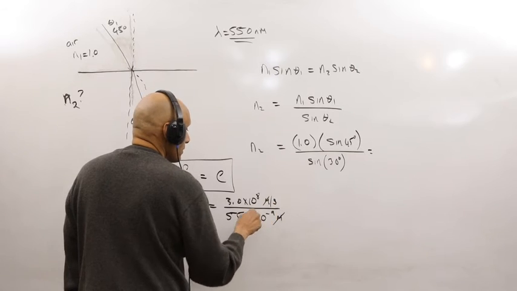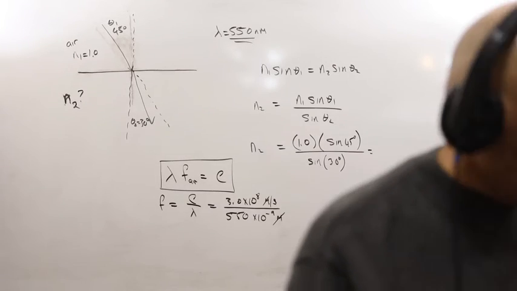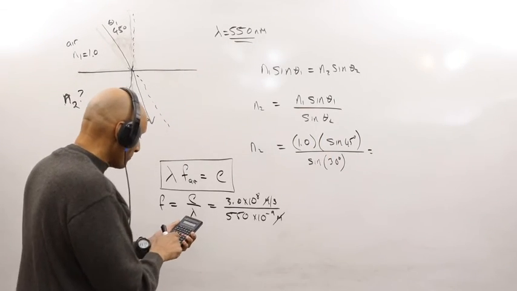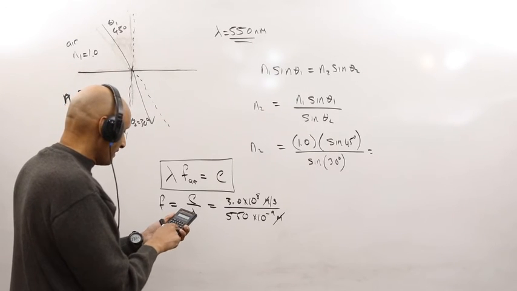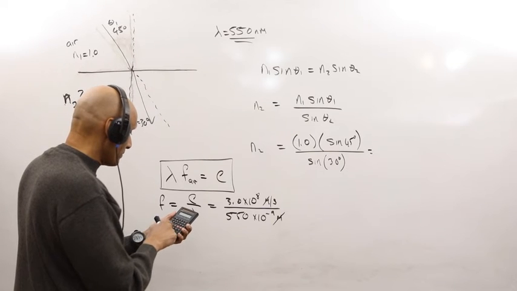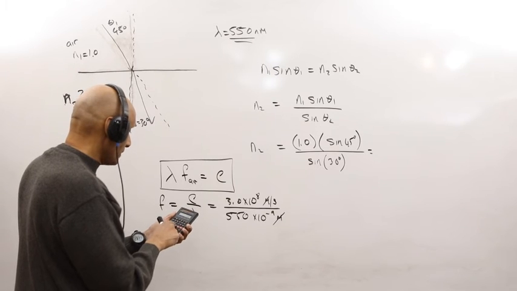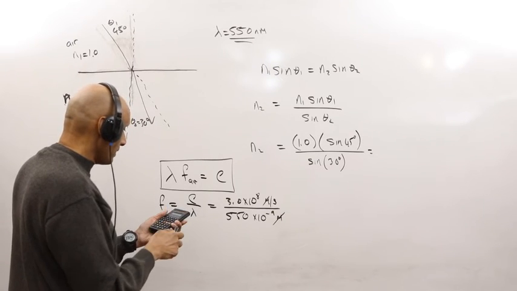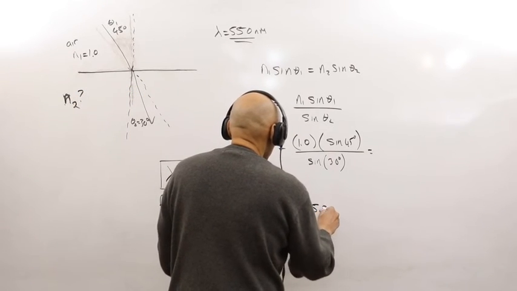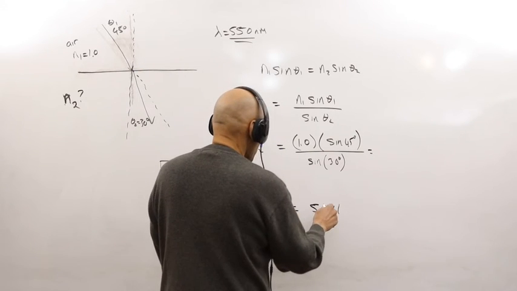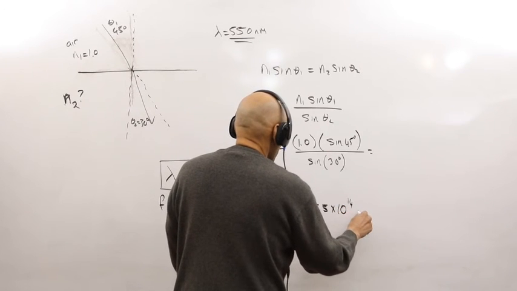So we can get rid of the meters and plug this in, to 2 significant digits. 3.0 times 10 to the 8 divided by 550 times 10 to the minus 9 gives me 5.45, but I'm rounding it up, so 5.5 times 10 to the 14 hertz.